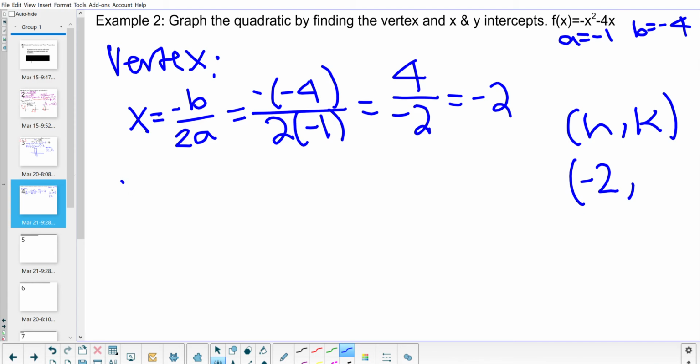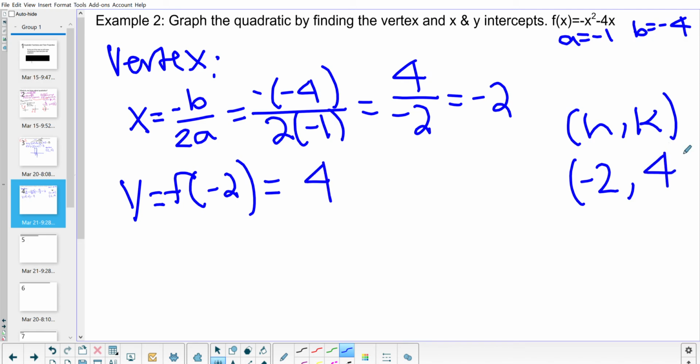Then the y value of the vertex, which is k, is equal to f of negative 2. So if you plug in negative 2, what do you get? You should end up getting positive 4. Okay, so we have a vertex at negative 2, positive 4.